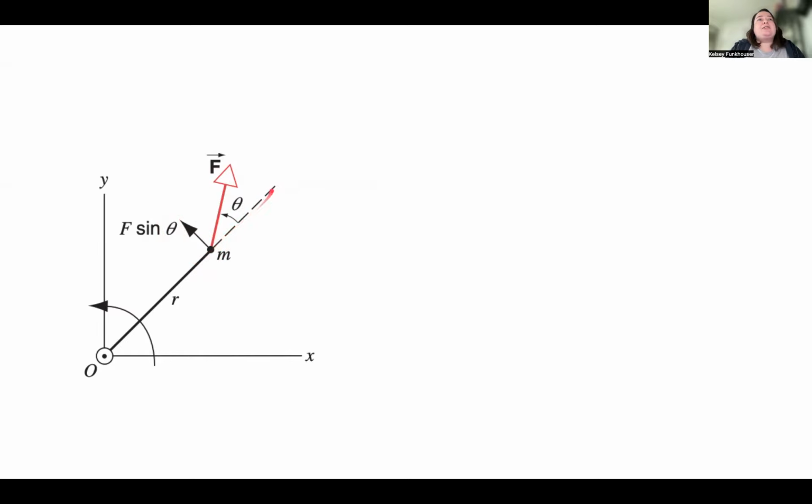And we learned that if it falls along the radial line, it doesn't cause any rotation. So we can take this perpendicular component instead, which we can also refer to as tangential because it's tangential to that circular motion that's occurring.